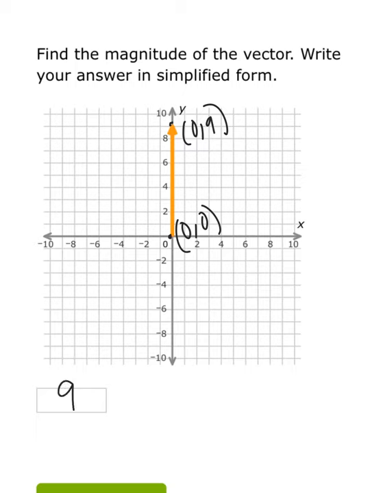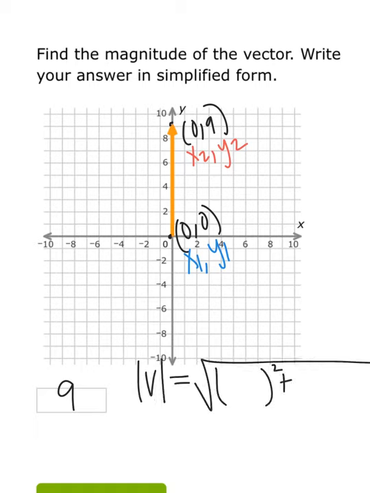But if you did want to use the distance formula, you could just plug it in. So 0, 0 would be my initial point, my x1, y1. And then 0, 9 would be my terminal point, which would be my x2, y2. So I could plug it into the distance formula: x2 minus x1, so my x2 is 0 and my x1 is also 0, squared, plus y2 minus y1 squared.